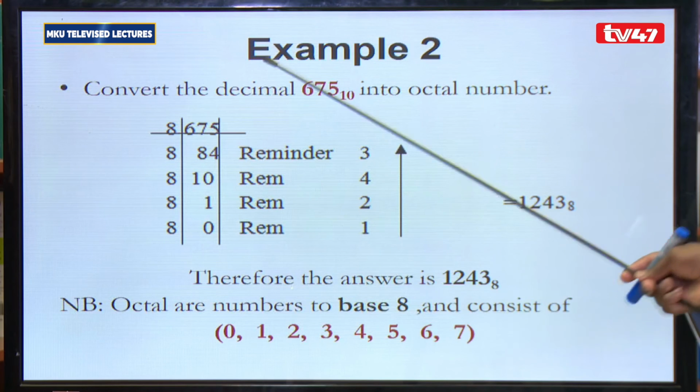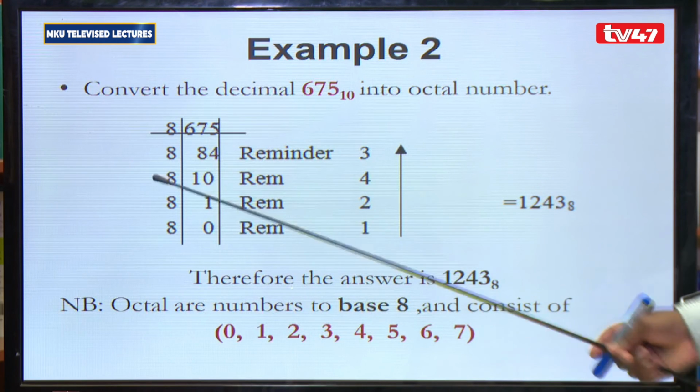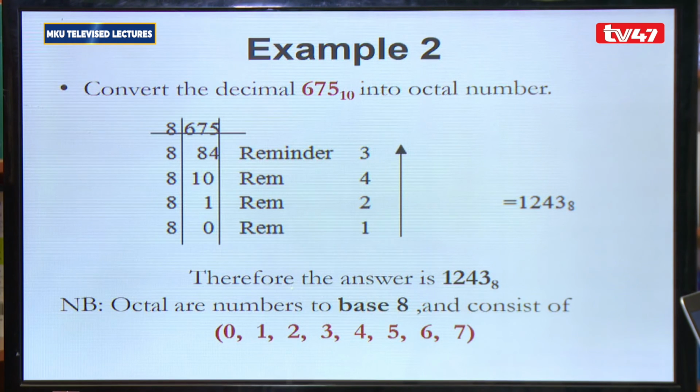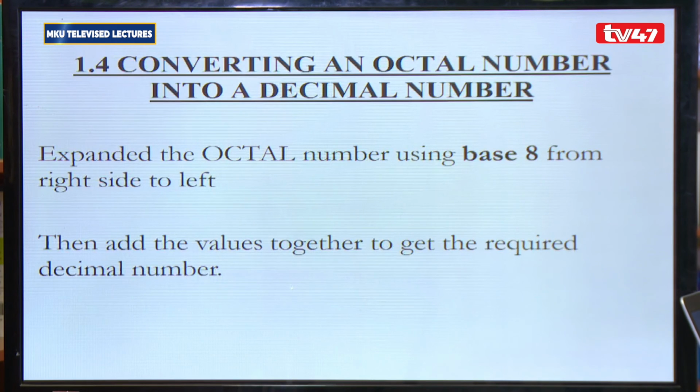Remember, like we have done with the binary, when you divide a number by 8, you can get any remainder so long as it is between 0 and 7. And therefore, you put it at base 8, and you end up with the octal value. Then how do we convert that octal back to decimal?